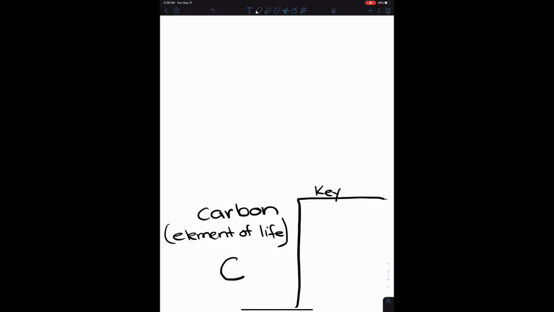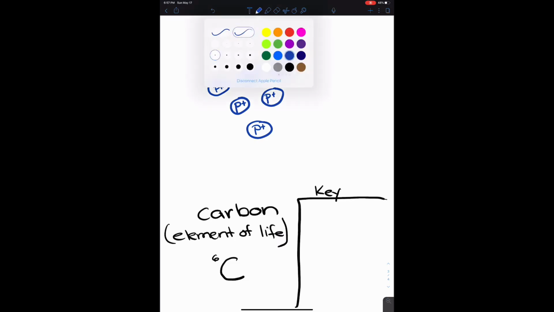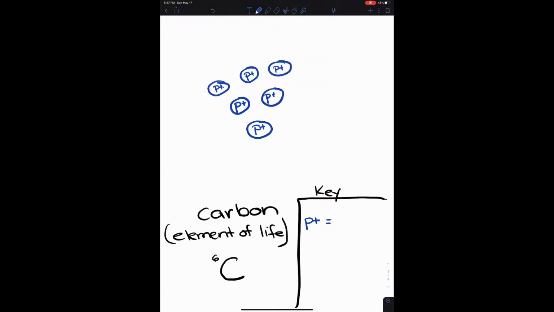So carbon has 6 protons. So now what I'm going to do is I'm going to change to blue, and I'm going to do 6 protons. 1, 2, 3, 4, 5, 6 protons. Okay. And then I'm going to keep my blue. I'm going to do proton positive equals proton. Yay.